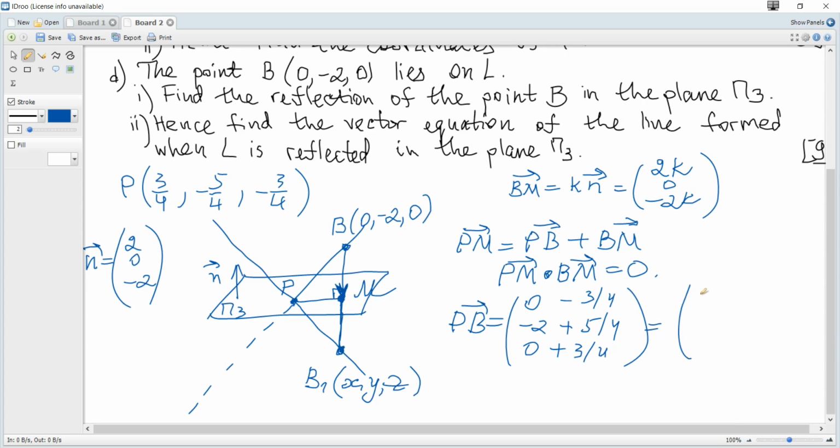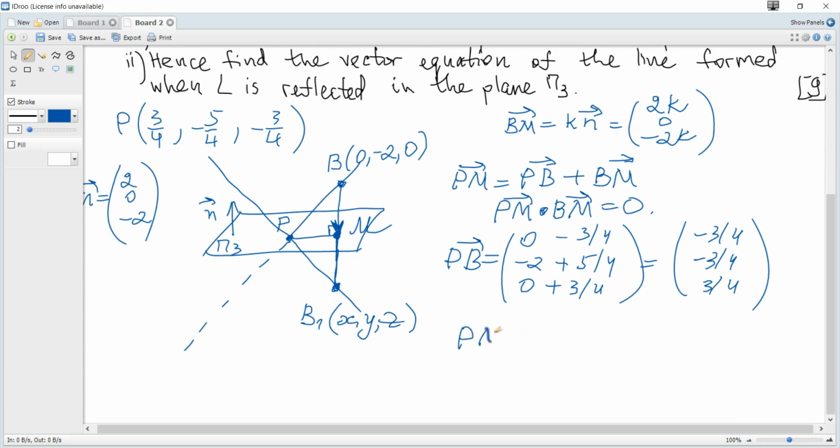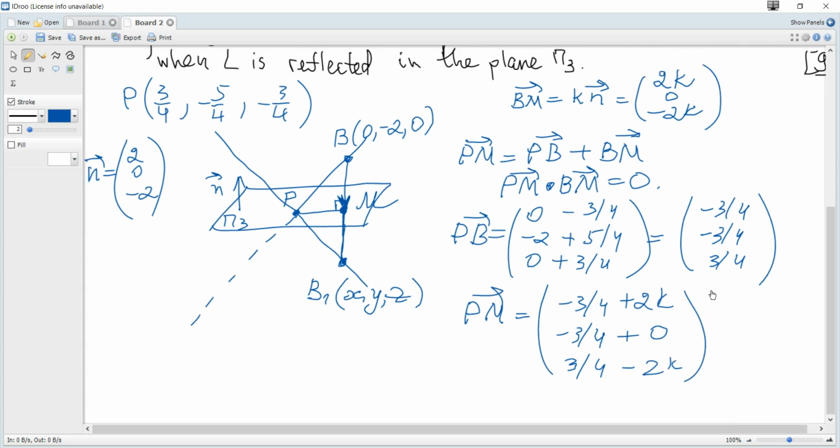Hence it's (-3/4, -3/4, 3/4). Hence PM is (-3/4, -3/4, 3/4) plus BM, and BM is (2k, 0, -2k).